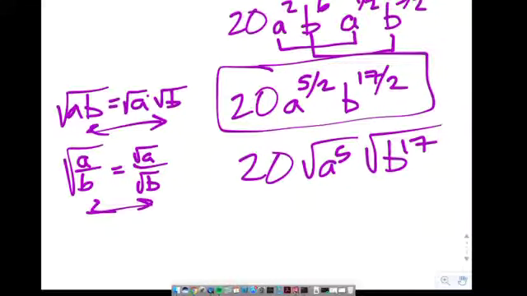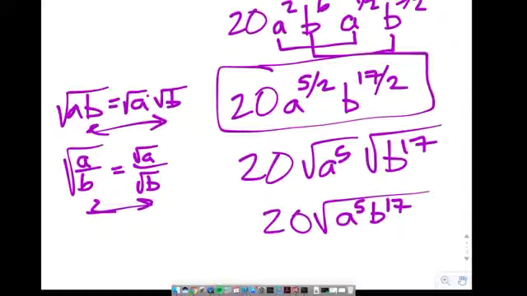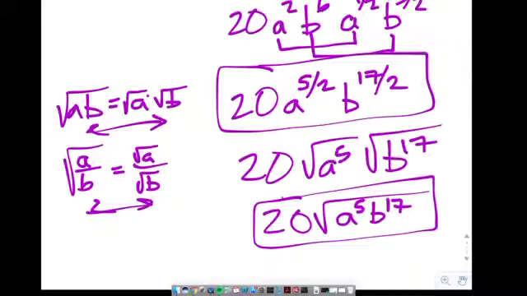So because they're both square roots and they're factors, I could just put them underneath the same radical and call it the square root of a to the 5th, b to the 17th. So in terms of a multiple choice answer choice, I'll probably put that one if this problem were on there. I like to make you go a little bit further, maybe, on the multiple choice, manipulating it. And that's what this whole section is about, trying to get you to be a little bit more agile with manipulating these algebraic expressions.